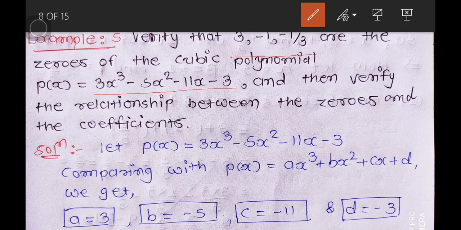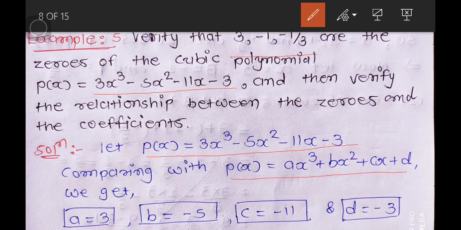So let p of x be given as p of x is equal to 3x cube minus 5x square minus 11x minus 3. Now for the coefficients of the cubic polynomial, we compare this given polynomial with the standard form p of x is equal to ax cube plus bx square plus cx plus d.